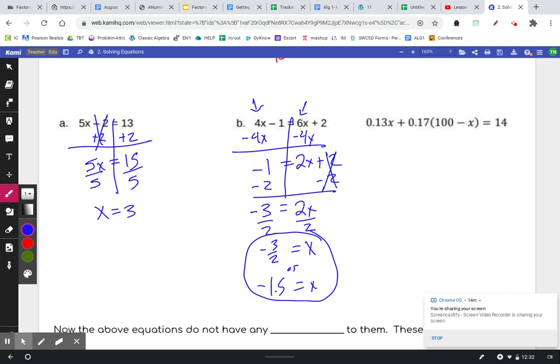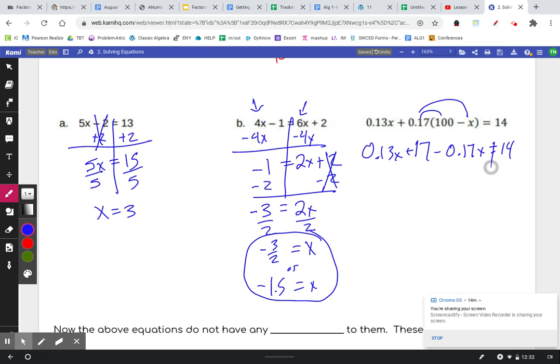I'm doing this distributive property here, and that gives me 17, and they're both positive, so I'm going to keep it positive. And then I have this 0.17 times -x, right? So that's just going to be -0.17x. I have this 0.13x out in front. I need a positive sign here because I'm adding, equals 14.